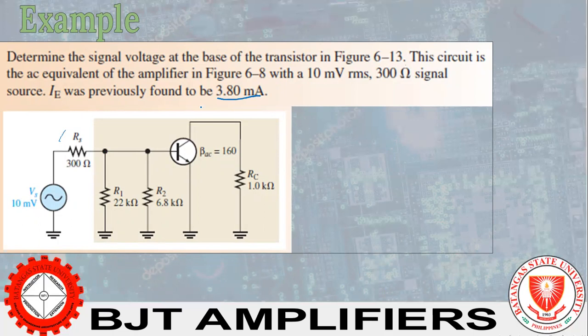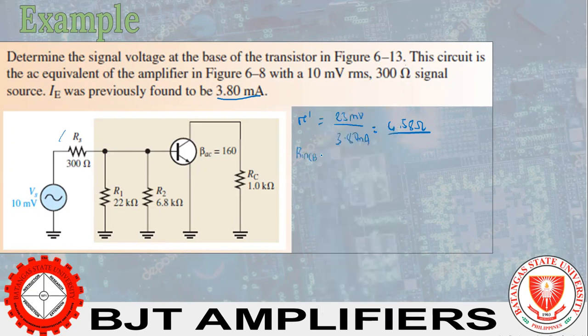Okay. So, since may IE na tayo na 3.80, so we have 25 mV over yung IE natin which is 3.80 milliamperes. And this would be 6.58 ohms. So, ito yung ating RE prime. Okay. So, pag meron tayong RE prime, makakakuha na tayo ng R in base. Paano?